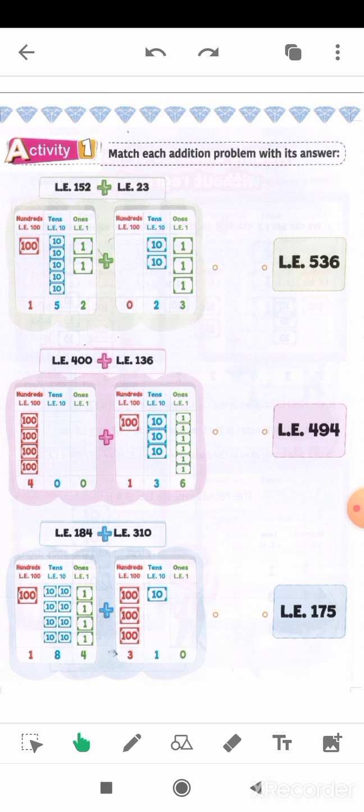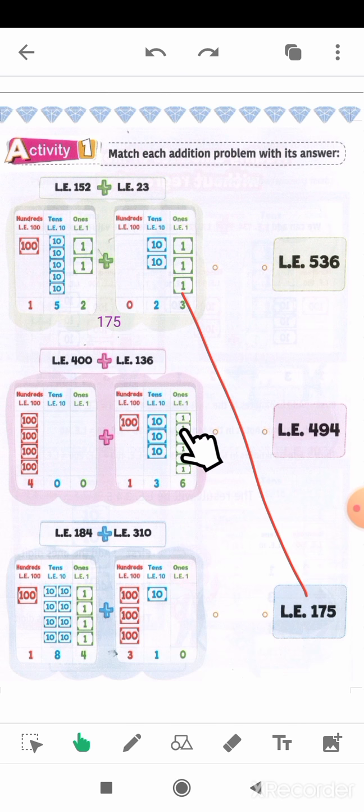So we have 3 plus 2 equal 5, 5 plus 2 equal 7, 1 plus 0 equal 1. So my result is 175. Second, we have here 400 and 100 here, and here 136.